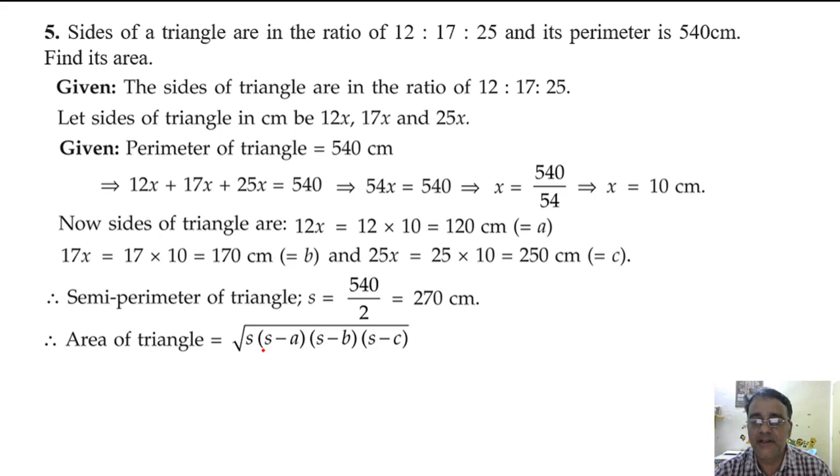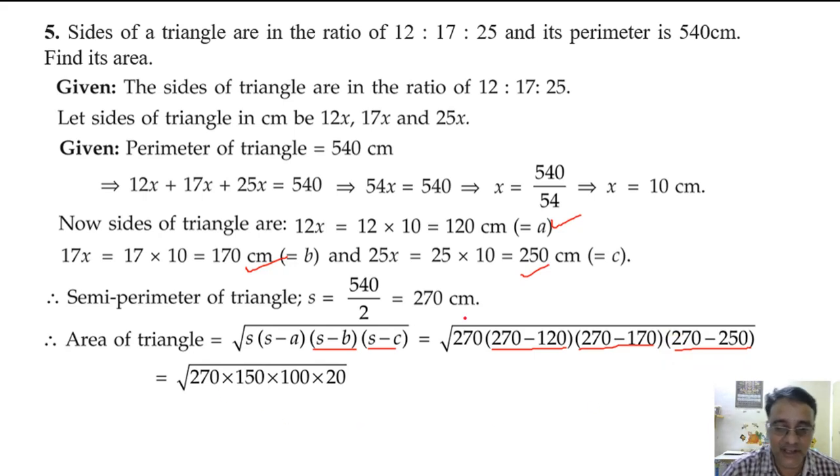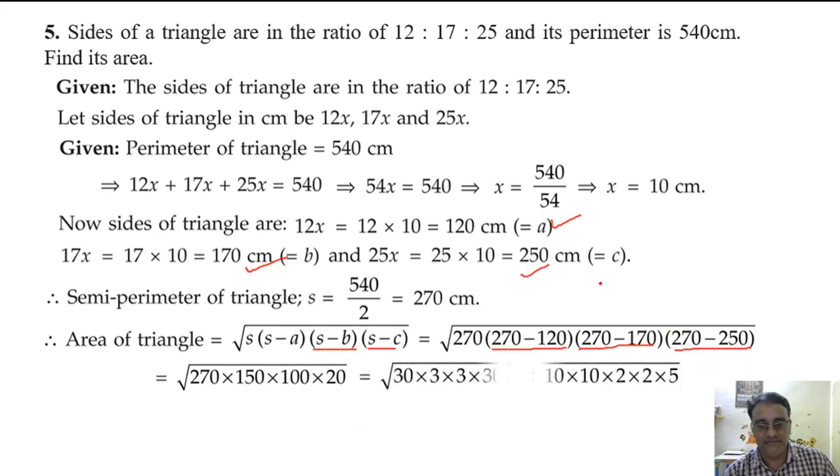270 into 270 minus 120 into 270 minus 170 into 270 minus 250. This will become 150, this will become 100 and this will become 20. Right? Now we will factorize everything.